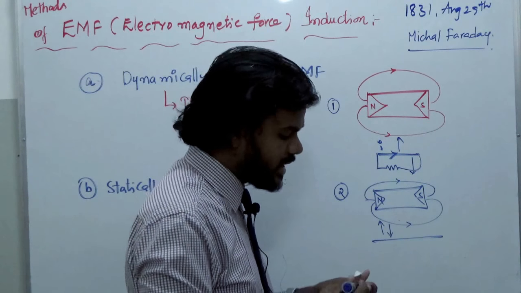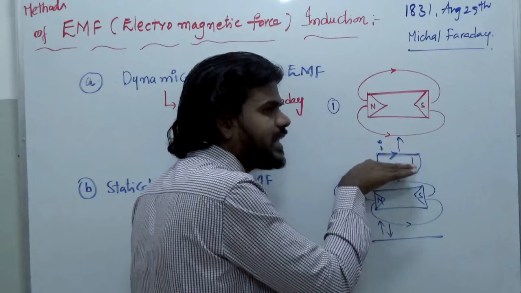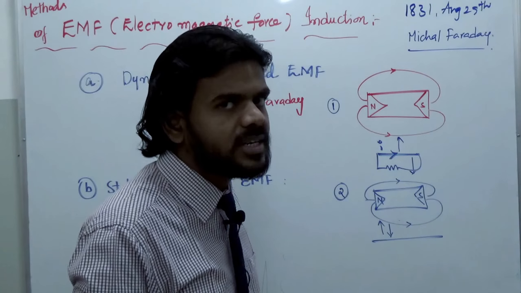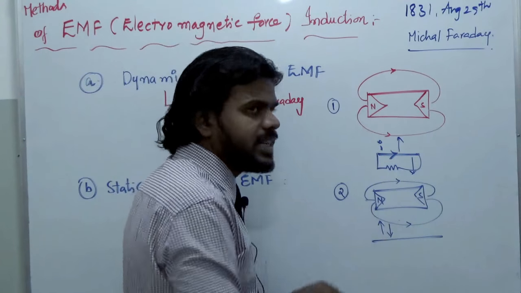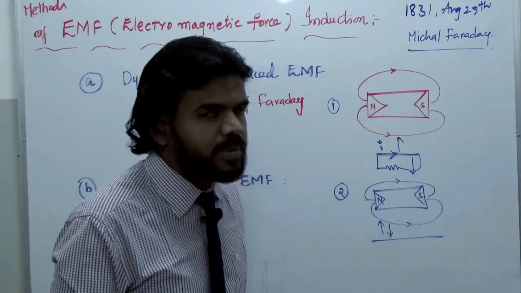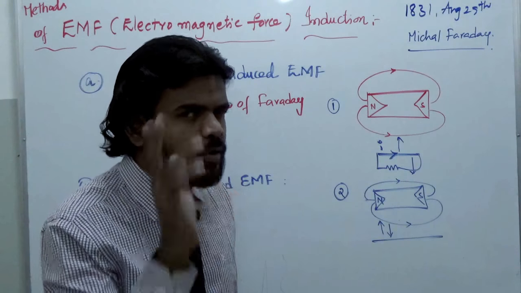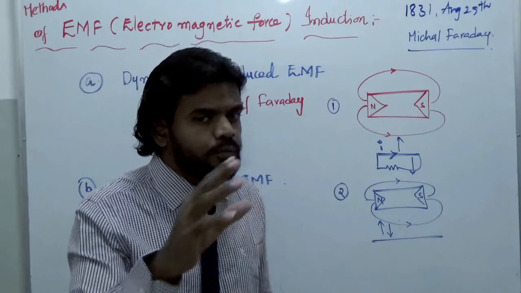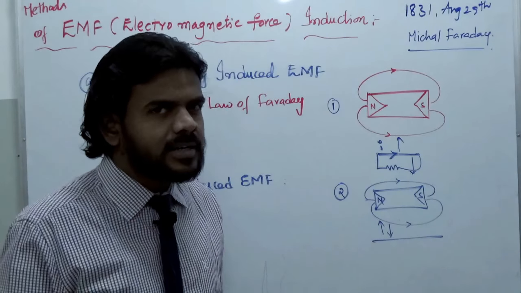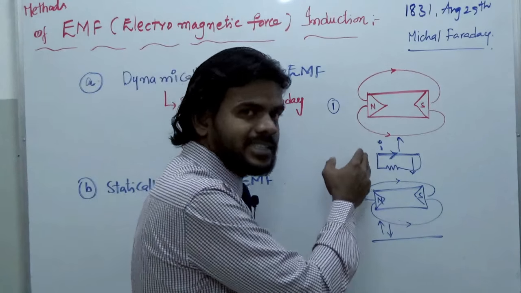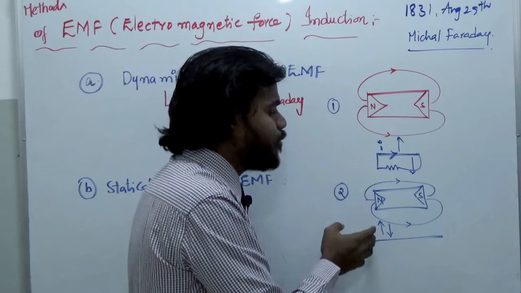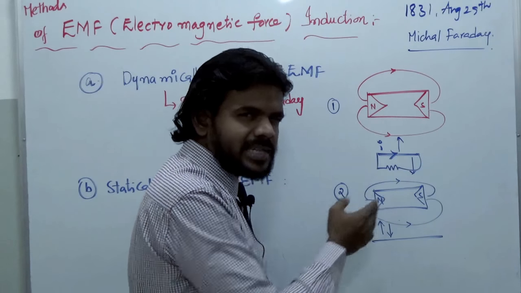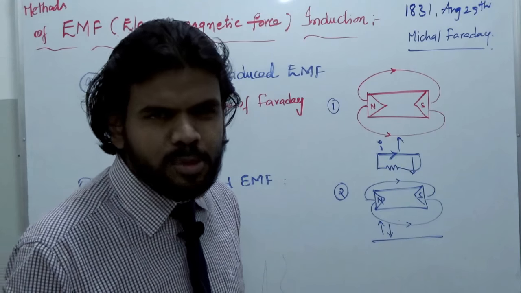So what am I doing here? In the opposite way. Here the conductor was in movement, and now the magnet is in movement. Can you figure out which generators have conductors in movement, and which generators have the field in movement?